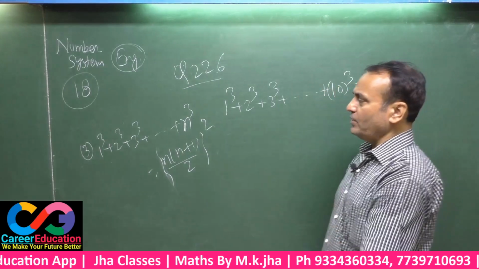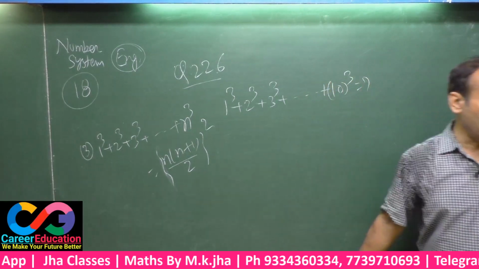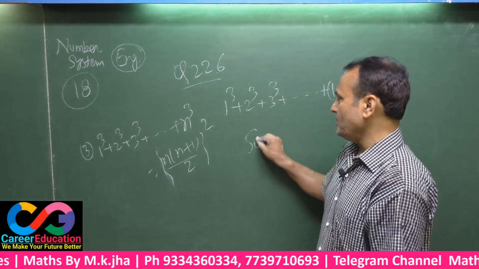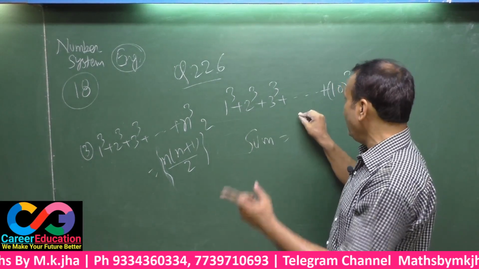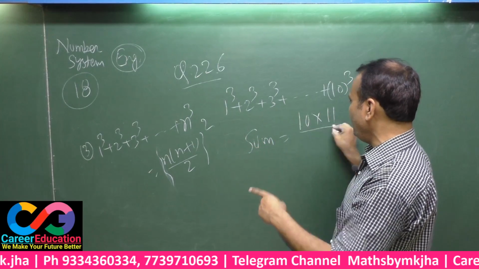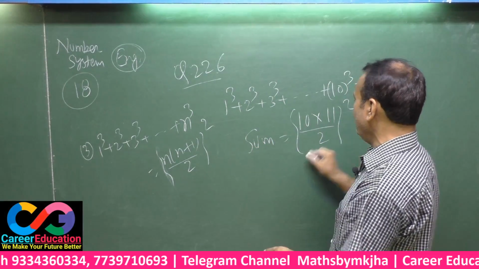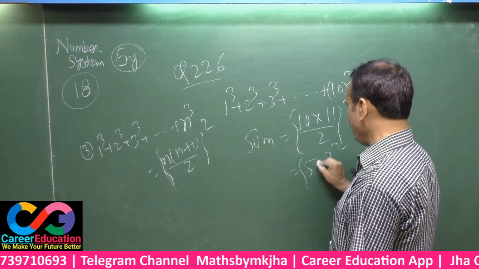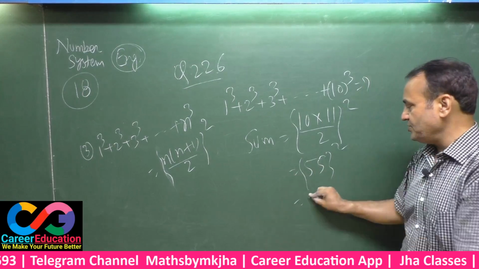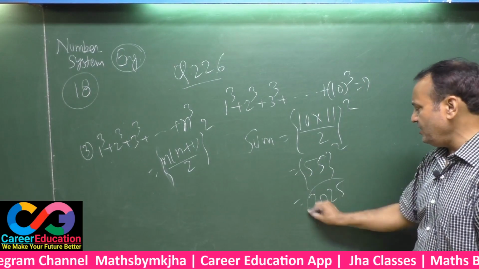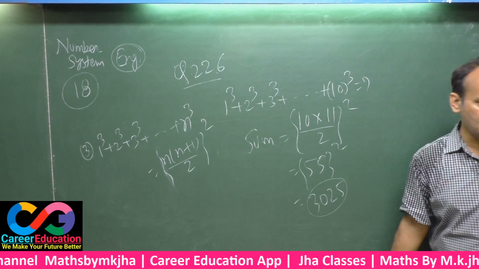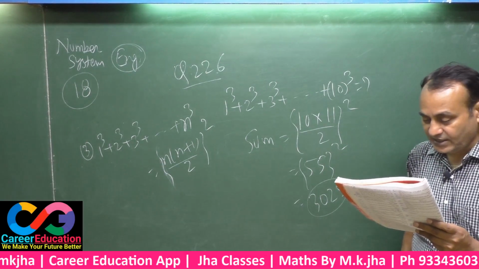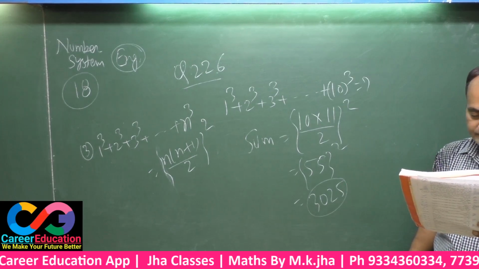That means it is n into n plus 1 by 2 whole square. So this is 55 whole square. And 55 whole square is 3025. This is your answer of question number 226. 3025 is the final answer.